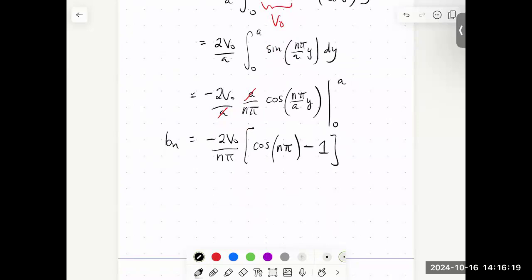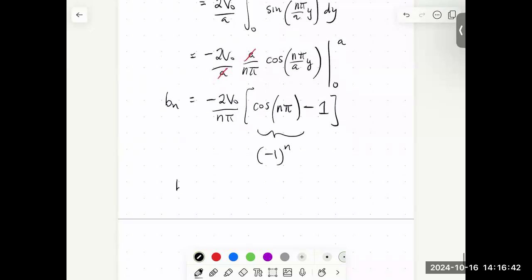And this is going to alternate between plus or minus 1. And what I could do is I could just say this is like minus 1 to the power n. So it'll be plus 1 for n even and minus for n odd, which I think is what we want. And so our bn is equal to minus 2v0 over n pi, times minus 1 to the n, minus 1.